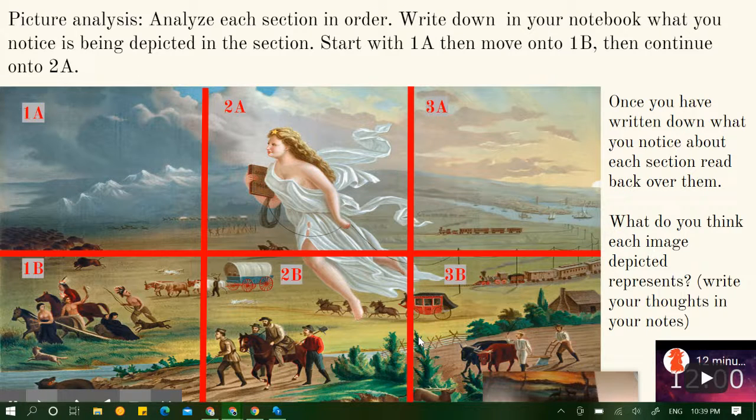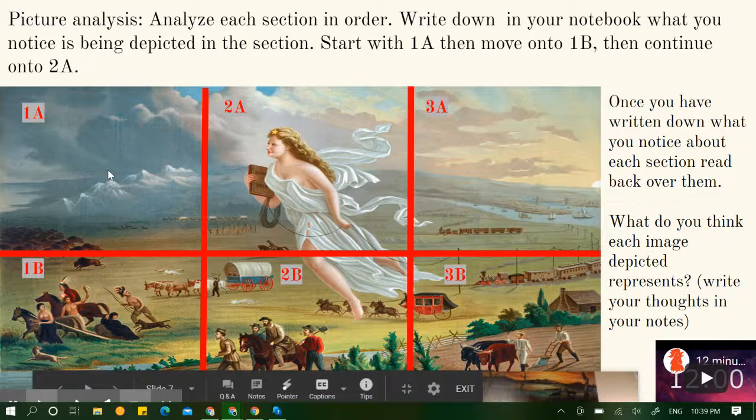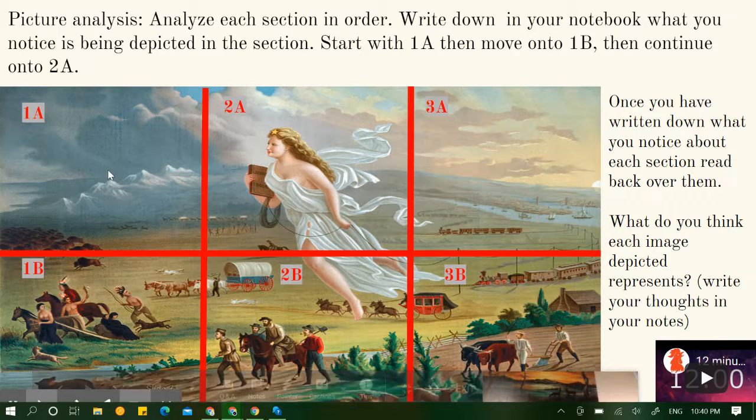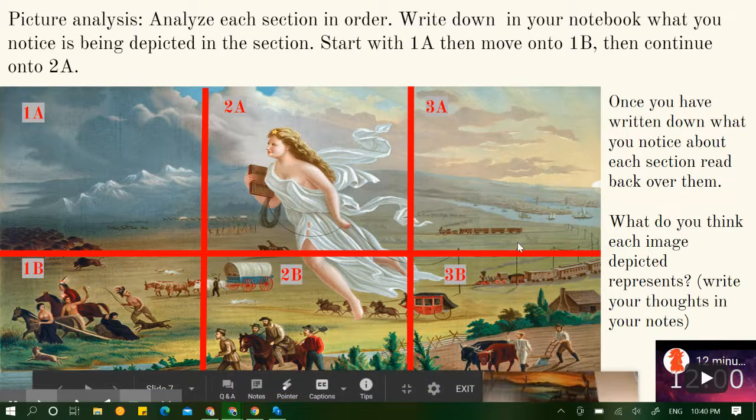If you're in class, we'll break it up 2 minutes a section for about 12 minutes. All I want you to do is write down 1A and what you can actually see in 1A. You've got 2 minutes to do that. Then repeat the process for 1B, 2A, 2B, 3A, 3B, and so forth.